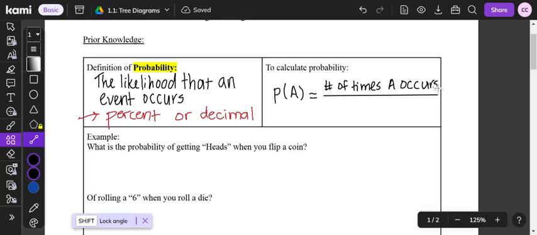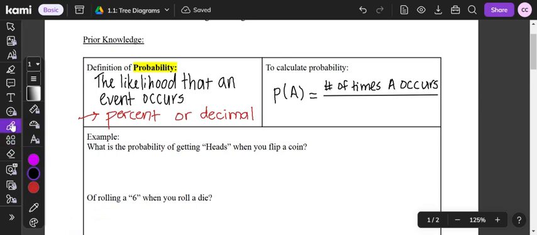So the number of times A occurs divided by the total number of outcomes, or total number of events. Okay, it's a fraction. It's a ratio, guys. So let's look at these two examples, and I can show you what I'm talking about.